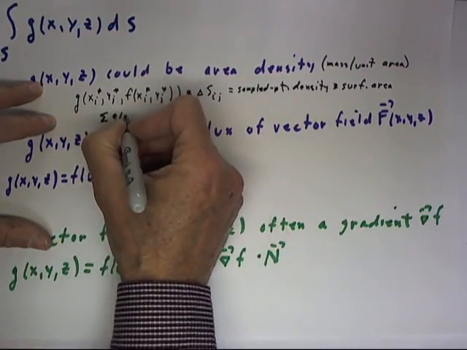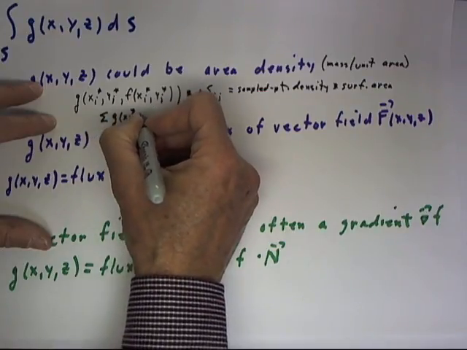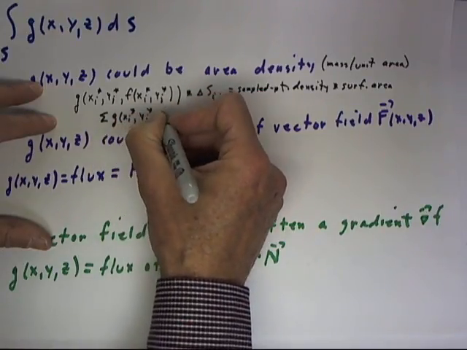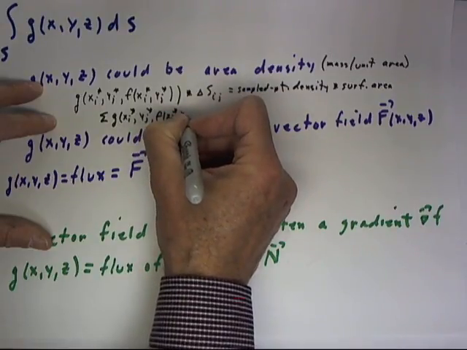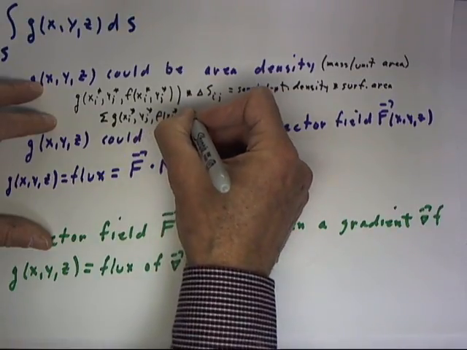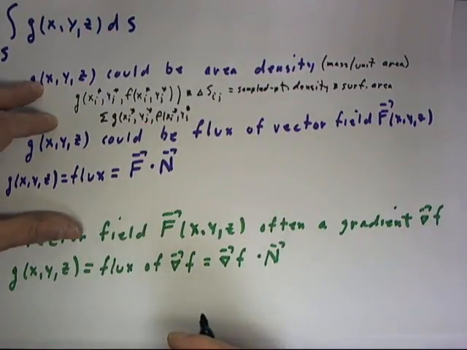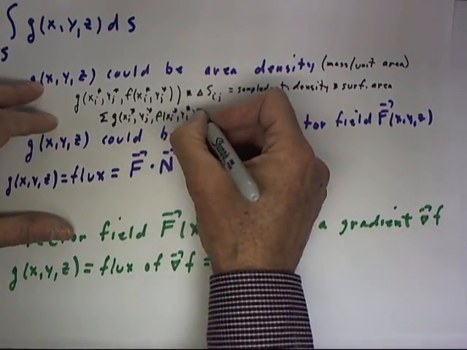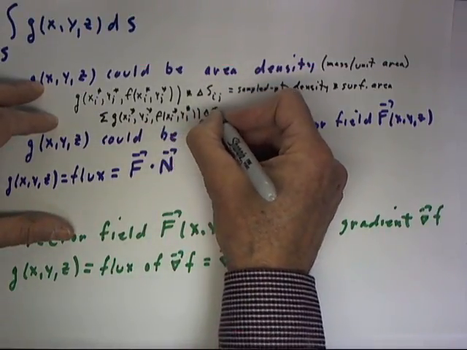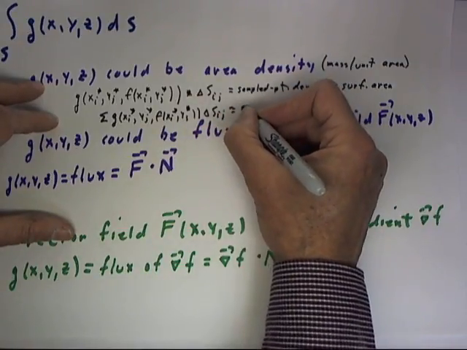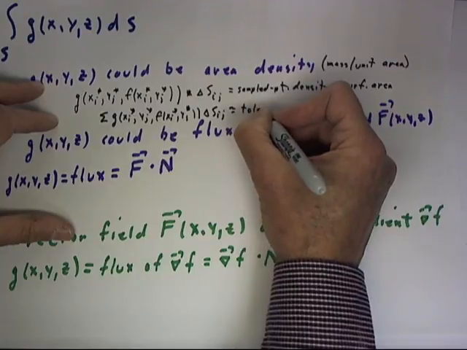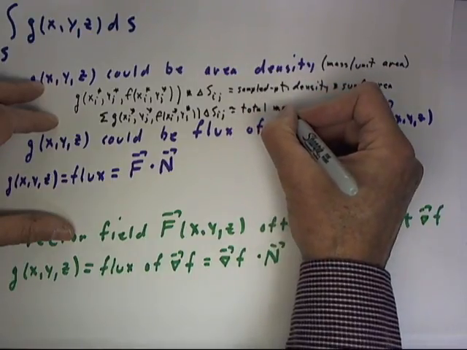of the g of xi star, yj star, f of xi star, yj star times delta Sij is approximately equal to the total mass.